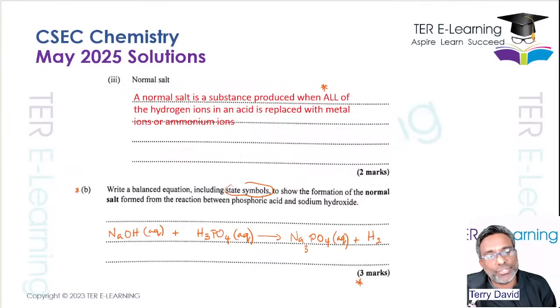So this is going to be H2O liquid. Now this equation, as it stands, they said you want to balance it. So let's see how we're going to balance this.